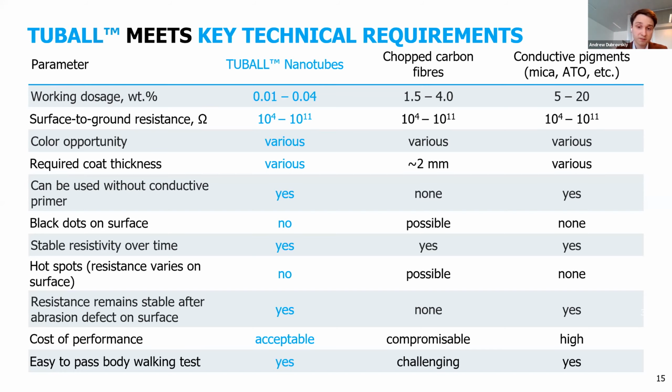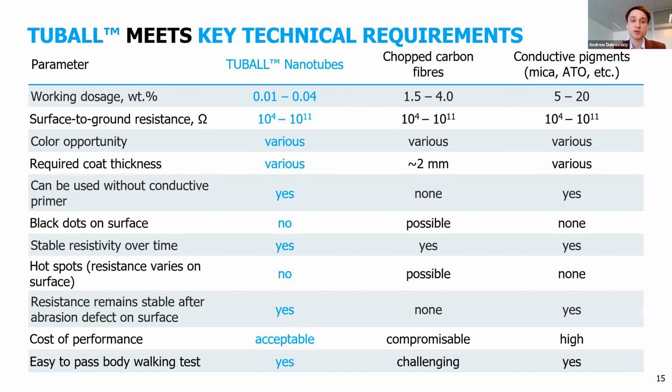With our material, with single wall carbon nanotubes, you can avoid or at least dramatically decrease such kinds of risks and potential problems. There are no hotspots with single wall carbon nanotubes. We provide very homogeneous electrical conductivity in all dimensions, I mean surface to surface resistance or surface to ground. And also, very important, our single wall carbon nanotubes give the ability to produce top coatings with different thicknesses.